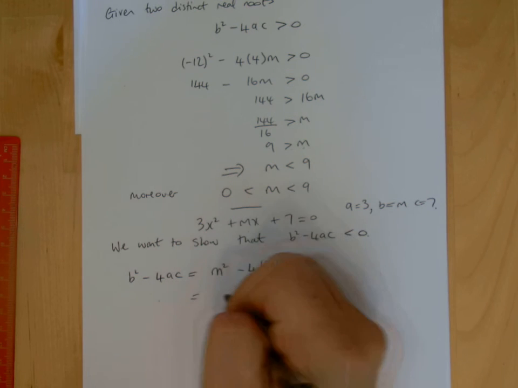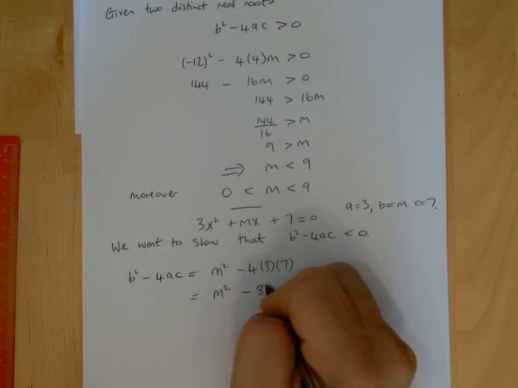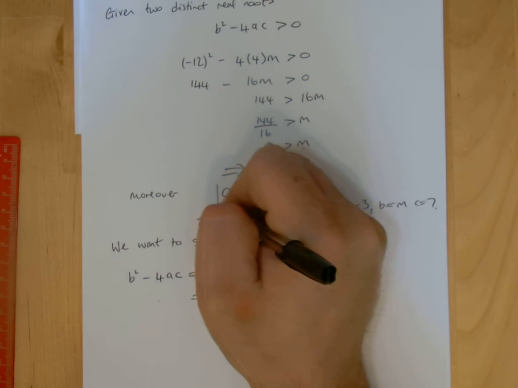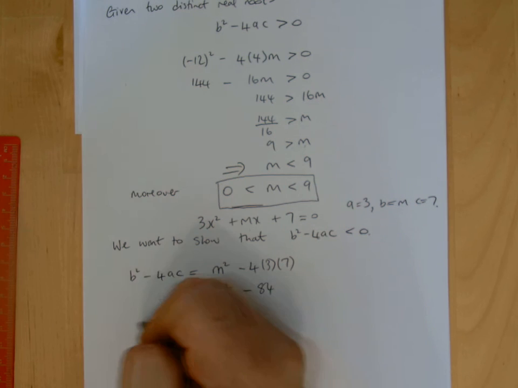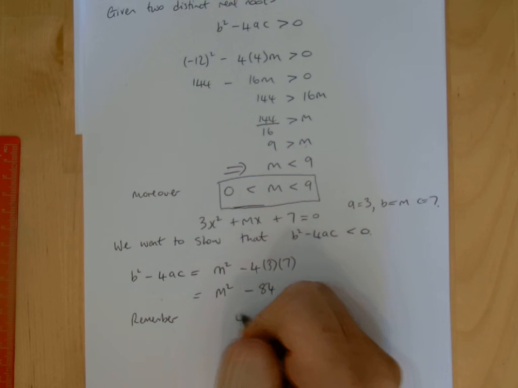So this becomes m squared minus, well, if I work that out, that comes to 84. So we've got to actually show now that this is less than 0. How do we do that? Well, remember, we've got this sort of result for m. Remember, m has got to be less than 9, greater than 0.